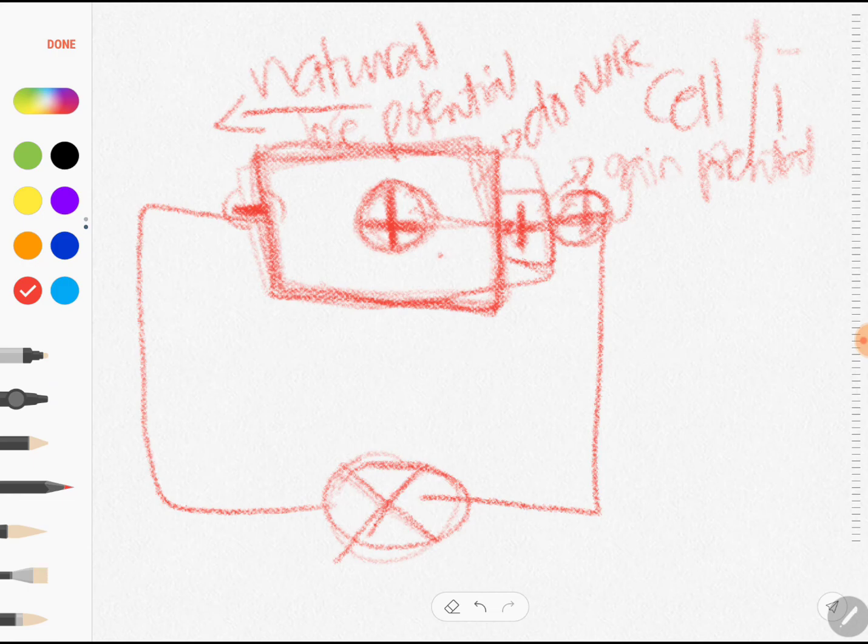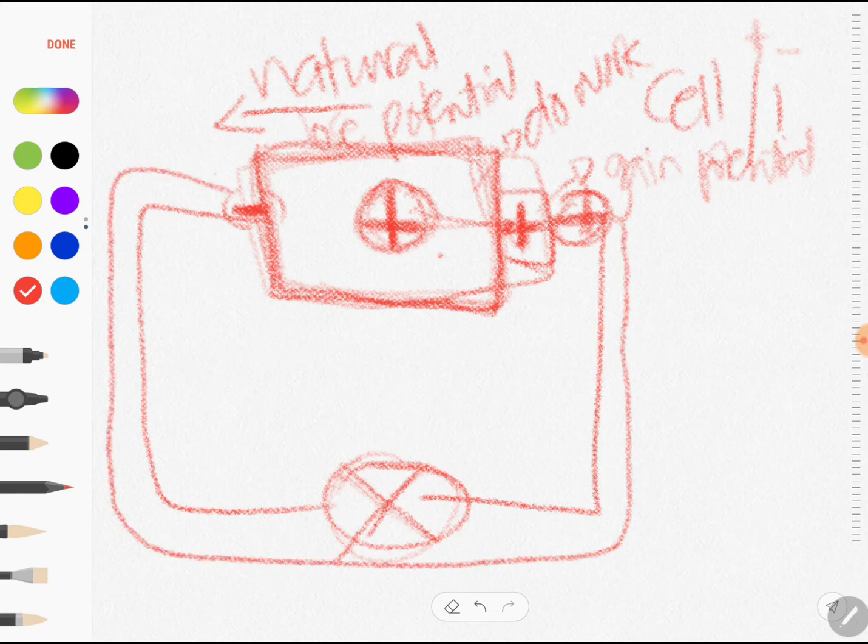What's the natural way for this positive test charge to move? Its natural way of movement is to move away, because it will be repelled by the positive terminal, and be attracted towards the negative terminal.